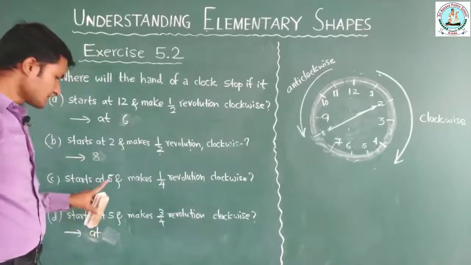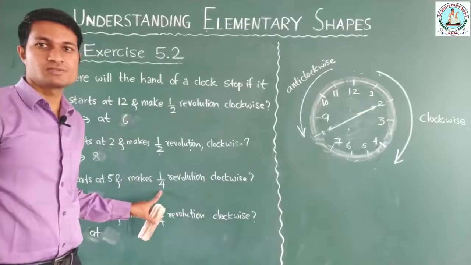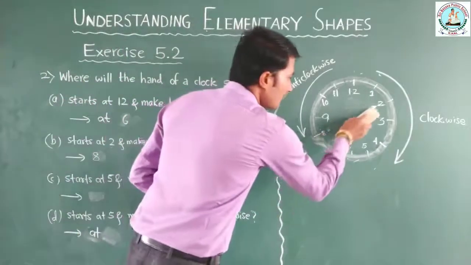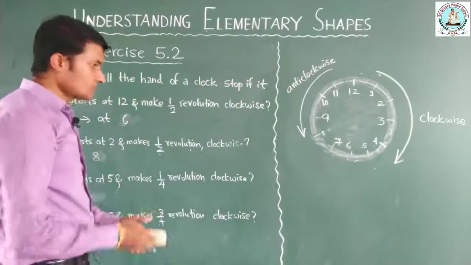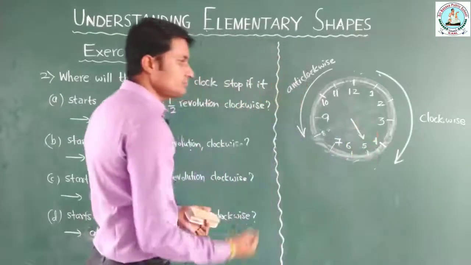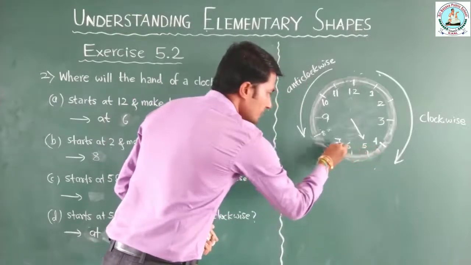Then the starting point is 5 and it is making what revolution? 1/4 revolution. So 1/4 revolution means only 4 units. Your starting point is 5 and you count 4 units: 1, 2, 3, 4.